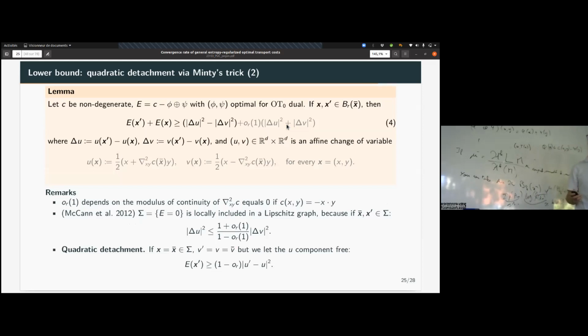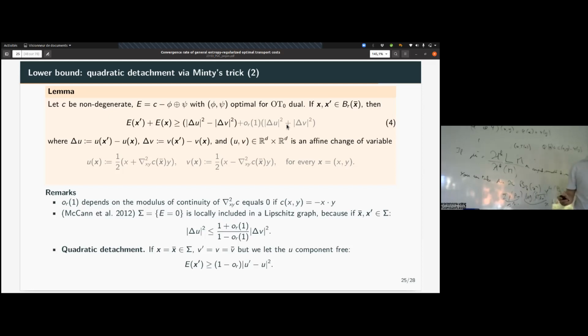And what you do nicely is something like this. So u and v will be a new set of coordinates for the point bold x. So x is in R^d times R^d, sorry, bold x is the couple (x,y), so it's two points of R^d times R^d. And u and v are new coordinates, I'll put it in gray, just affine changes.